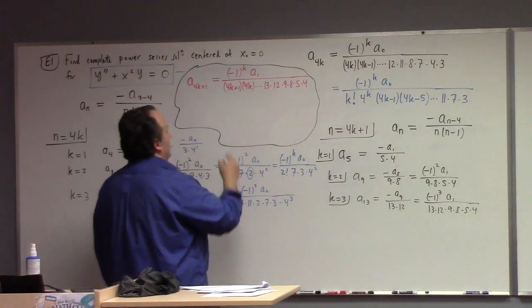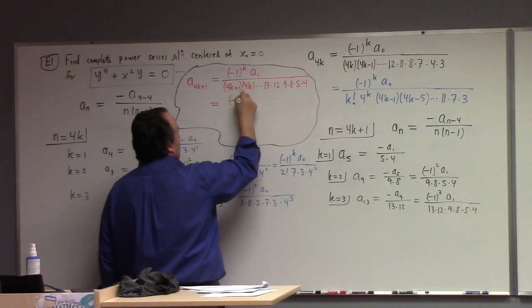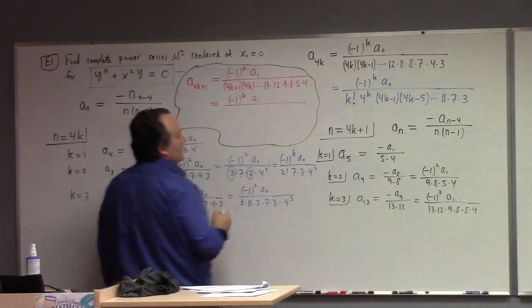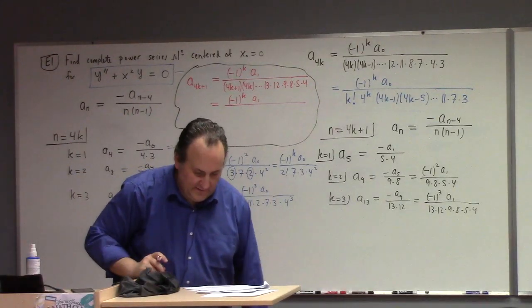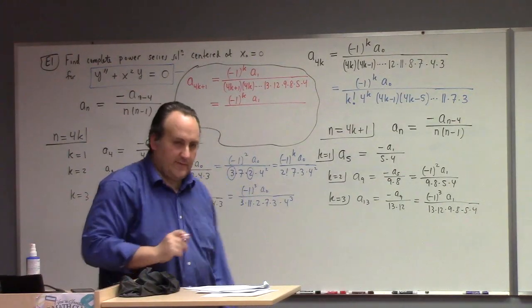And if we are feeling smarter than I am feeling today, then you can simplify the formula, probably, and you can factor out a k factorial and a 4 to the k from all that.